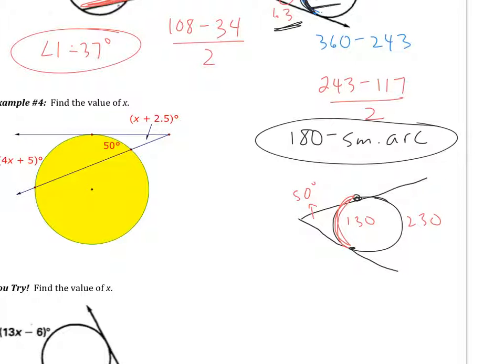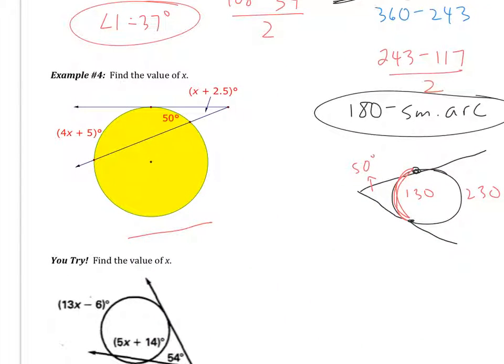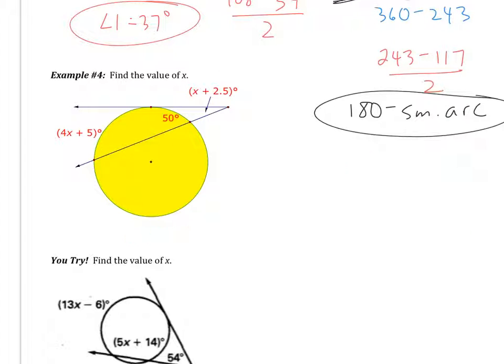All right, so now let's make it a little bit more difficult. Let's look at the example over here, example 4. Okay? All right, ideas. This is a tangent line and a secant line. So we're using big arc minus small arc divided by 2.